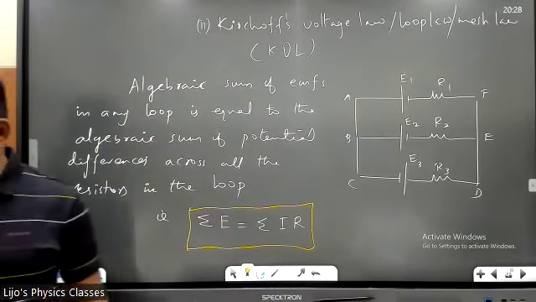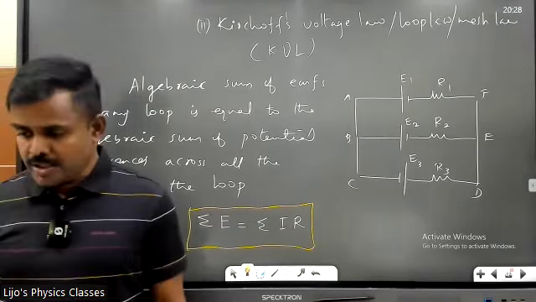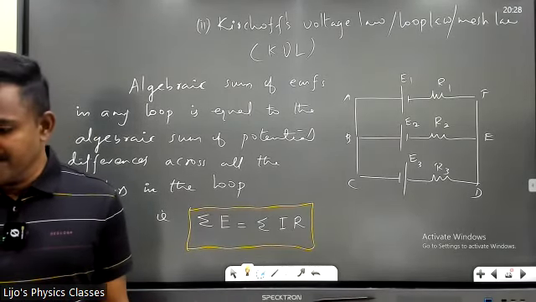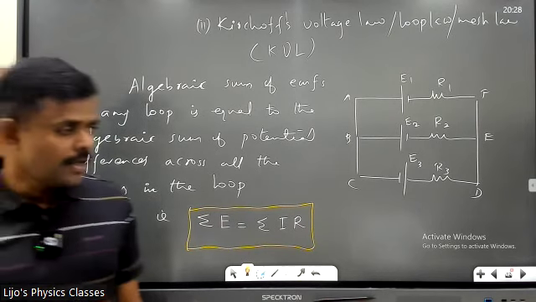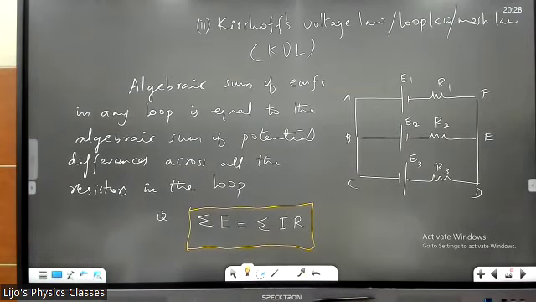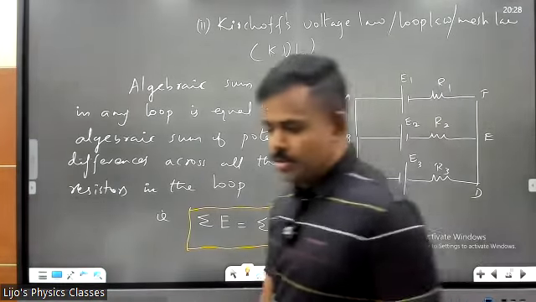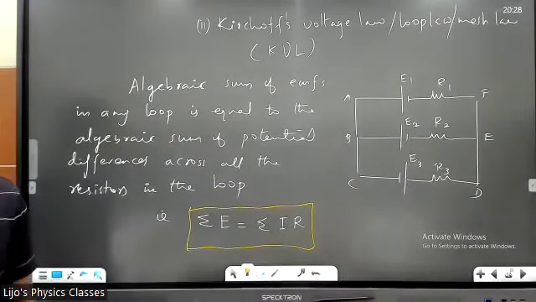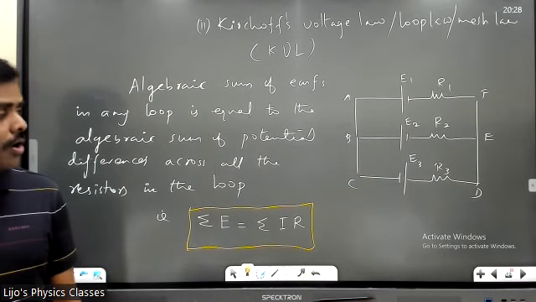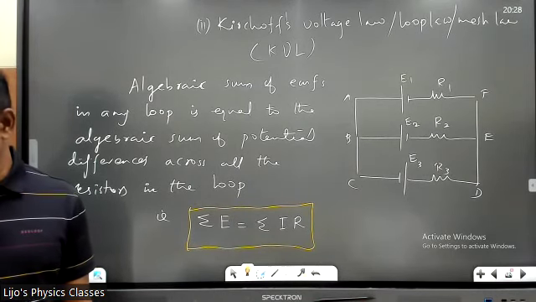Kirchhoff's voltage law or Kirchhoff's loop law or Kirchhoff's mesh law. The algebraic sum of EMFs in any loop is equal to the algebraic sum of potential differences across all the resistors in the loop.